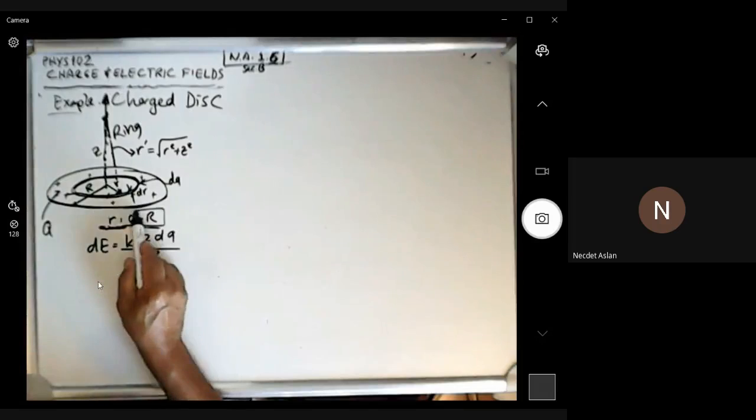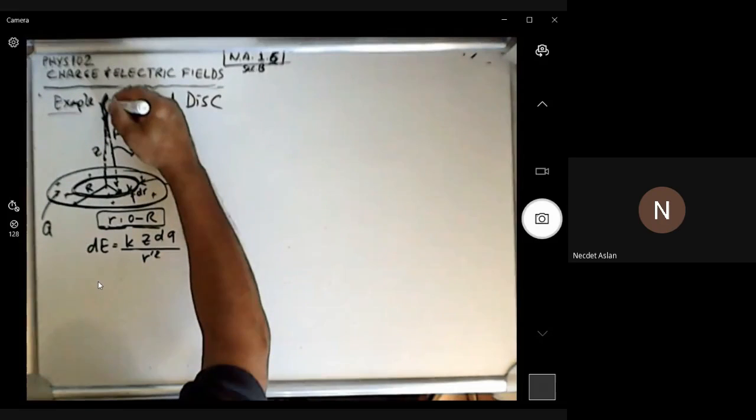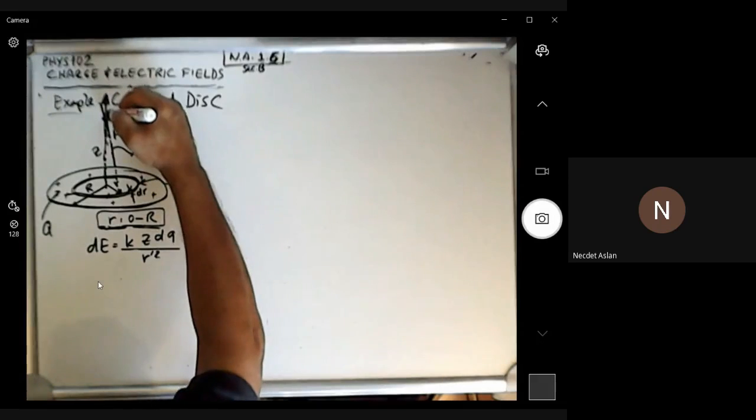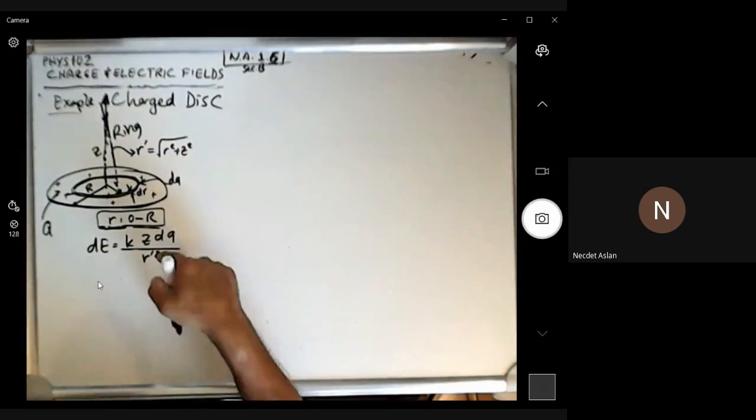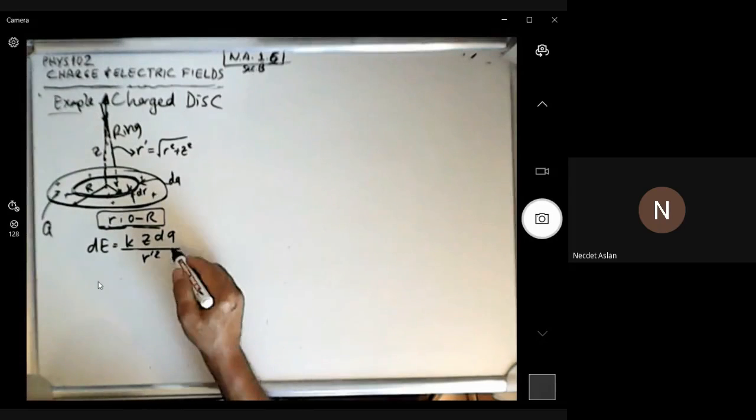So this is what we will do. But dE will be given by this expression, okay. However, remember that this is due to the ring.